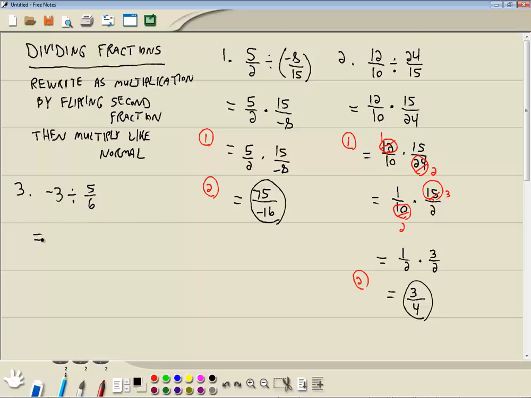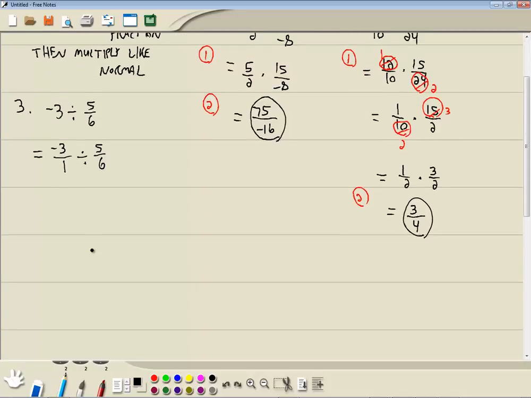To begin with, if you're going to divide fractions, they both should be fractions. So I'm going to rewrite the -3 as -3 over 1. Whether you're adding, subtracting, multiplying, or dividing, you want them both to be fractions. We never actually divide; we immediately rewrite as multiplication. So we take the reciprocal of the second fraction: 5/6 becomes 6/5.